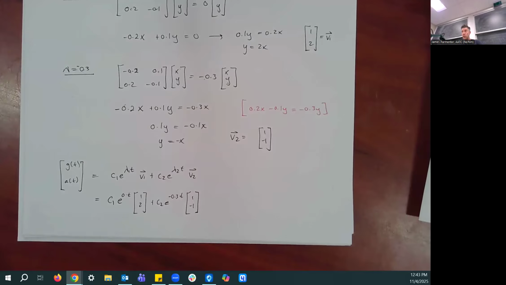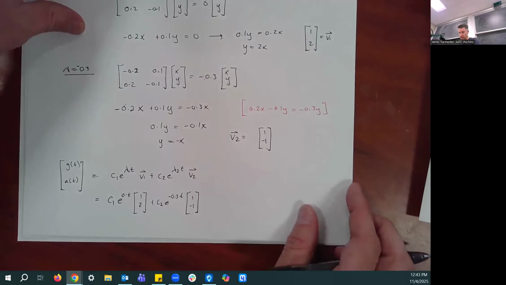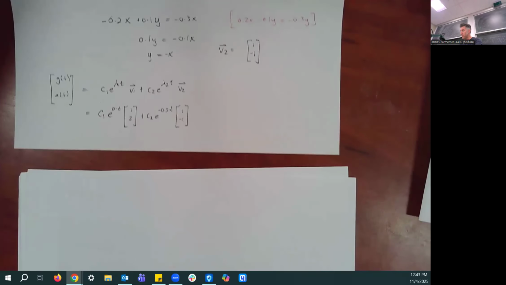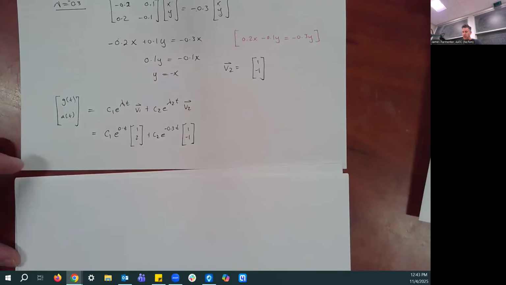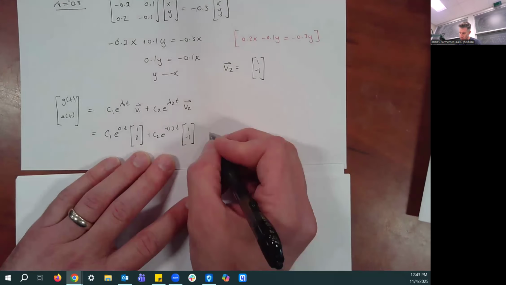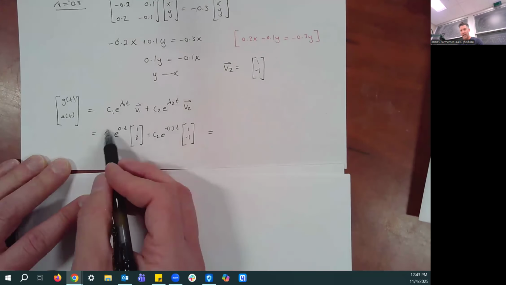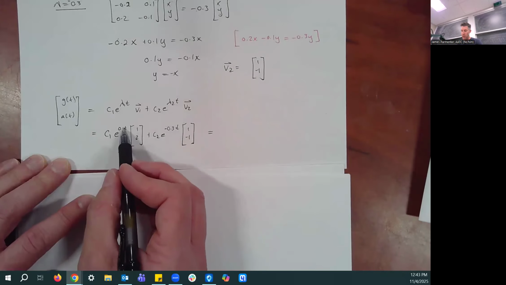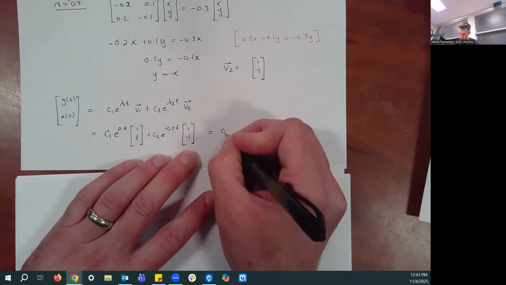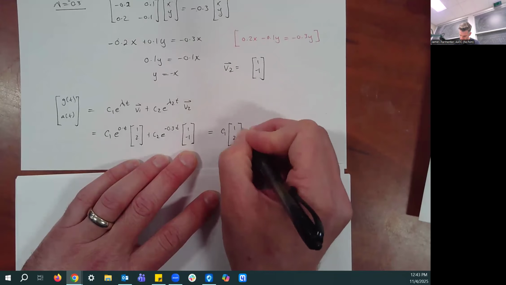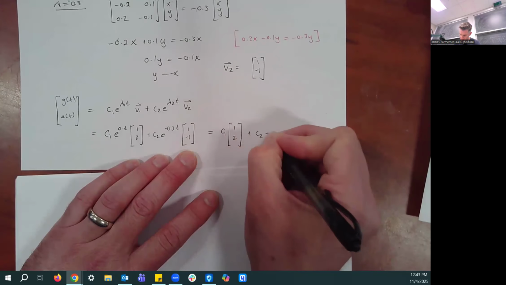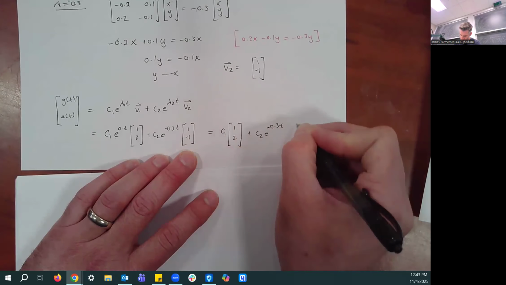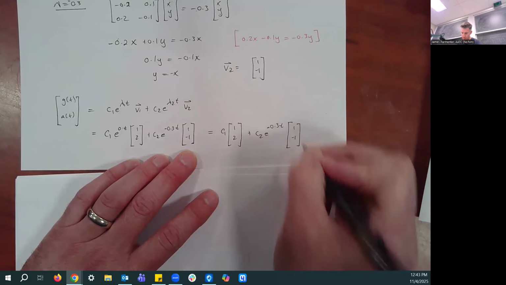Now we'll use our initial conditions to find the particular solution. Actually, I should say one more thing. Let's do one more step here. This I should simplify because e to the 0 is just 1. So this is really C1 times 1, 2 plus C2 e to the negative 0.3 t times 1, negative 1.